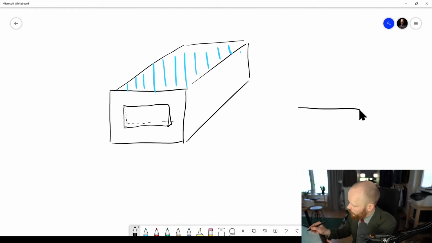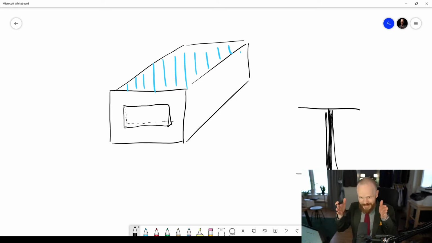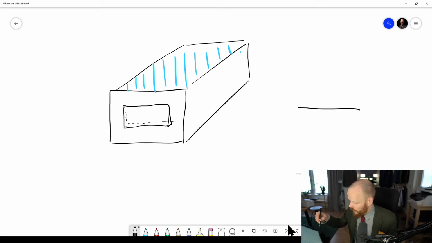Because when you have parallel surfaces, the sound will be reflected back and forth between these surfaces like this. And if they are exactly parallel with each other, the sound will just be reflecting back and forth between these two surfaces. Let's say this is from the top.